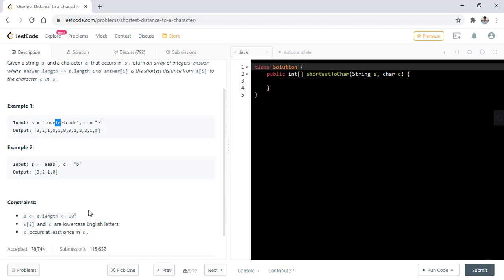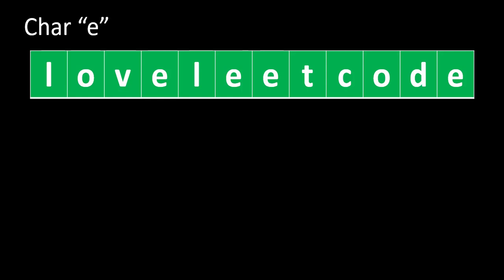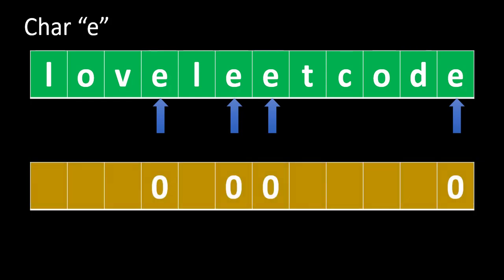Now let's first understand the problem with the help of an example. So suppose the character that we need to find the distance with is e and the string given to us is this string. We see that there are 4 e's present at different positions in this string, and as we need to find a distance array, the distance array will be of the same size as the length of the string, and the value at each position corresponding to e will be 0 in the distance array.